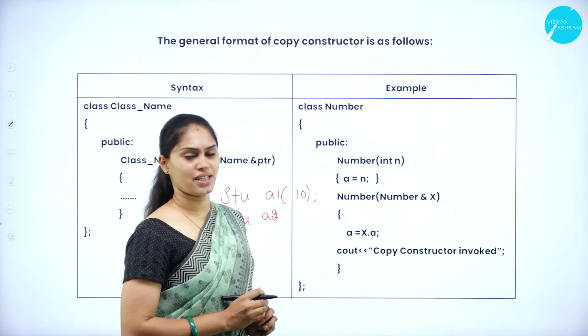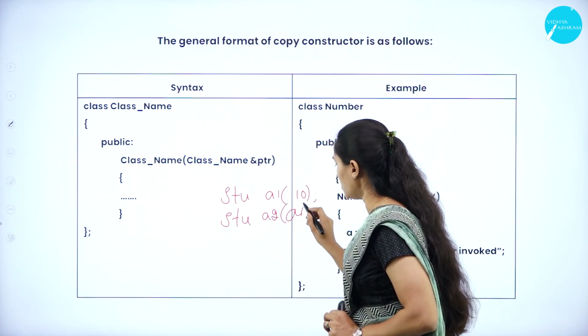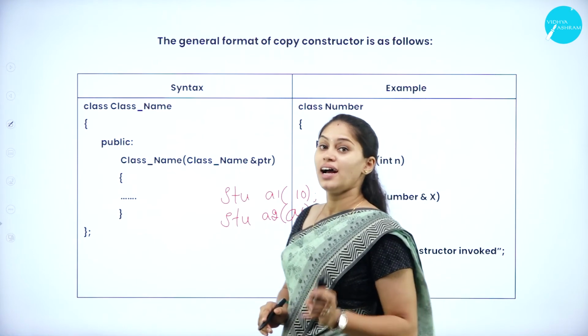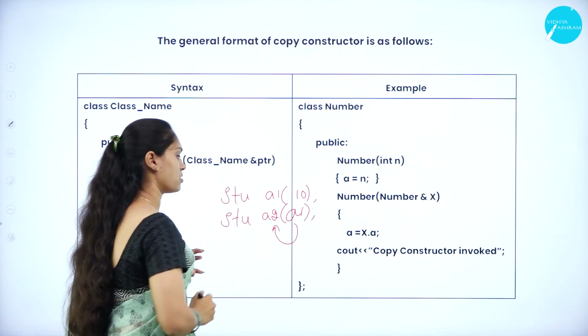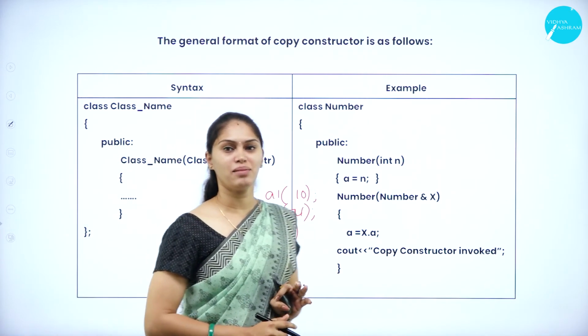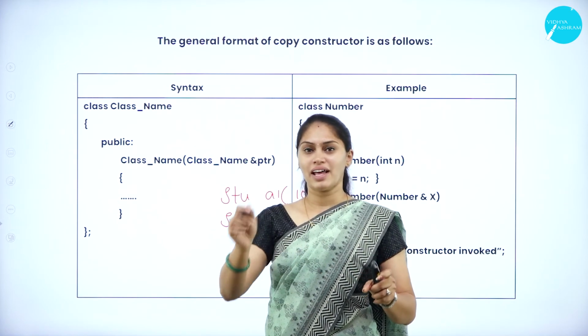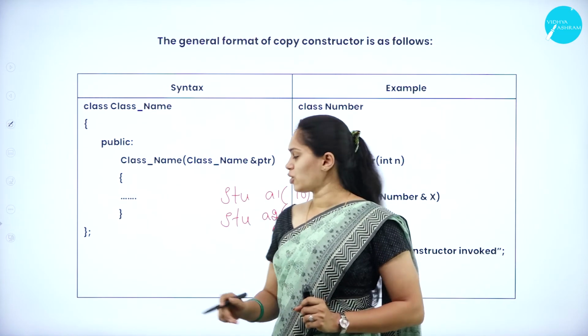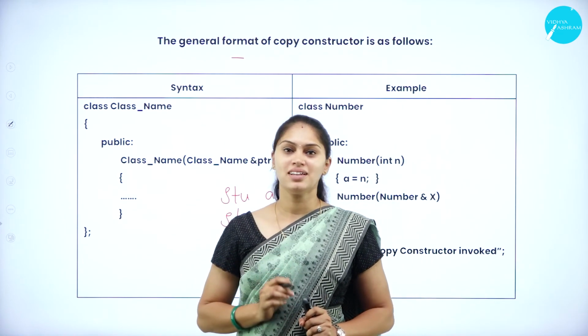I am going to copy the content of a1 to a2. So when I want to copy the content of one object to another object, at that time I can go with this copy constructor.